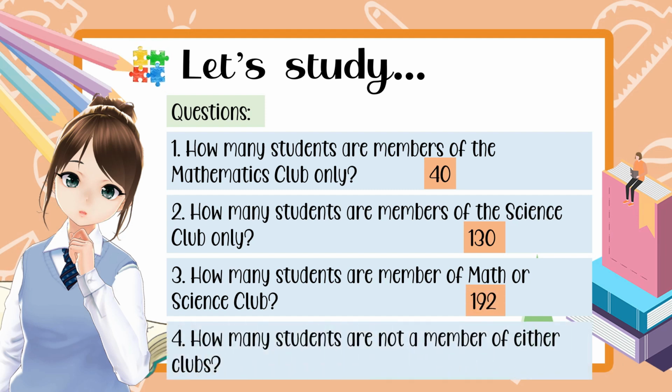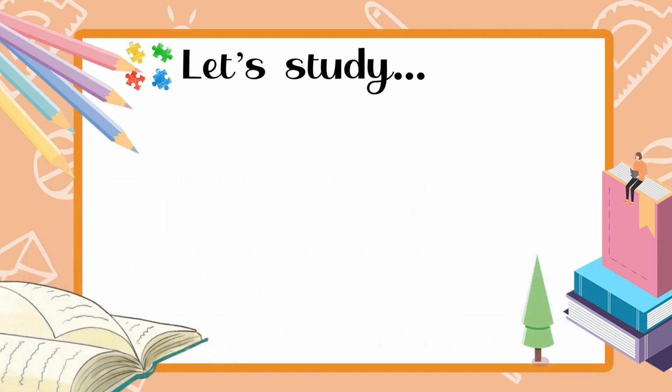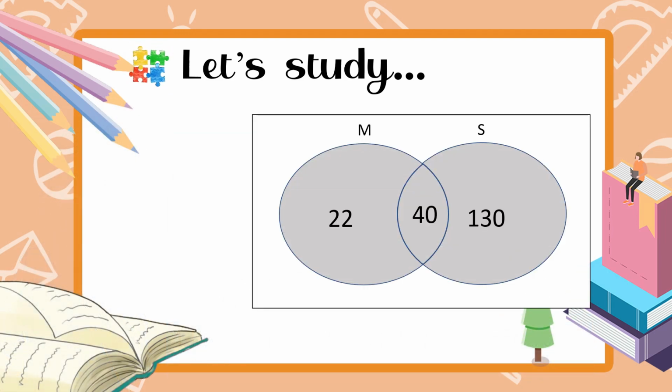For the last question, we have, how many students are not a member of either club? So, hindi sila member ng math or science club. Ilan kaya yon? Okay, Venn diagram. Ayan.